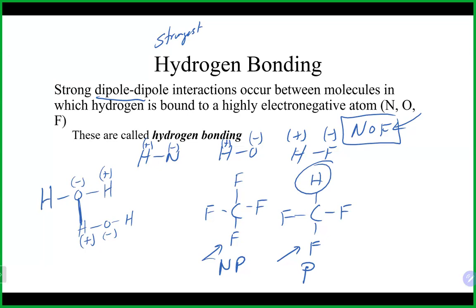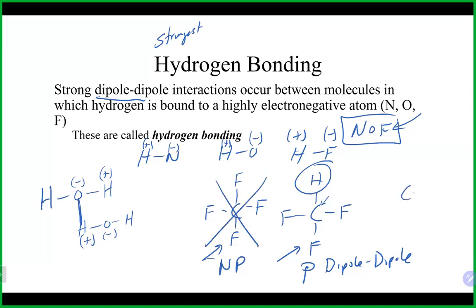It cannot hydrogen bond because that hydrogen is directly attached to a carbon. So that's a non-polar bond between carbon and hydrogen. So even though it has a hydrogen, it cannot hydrogen bond, which means it would not do hydrogen bonding, but it could do a little dipole-dipole interaction, right? Because it's polar.